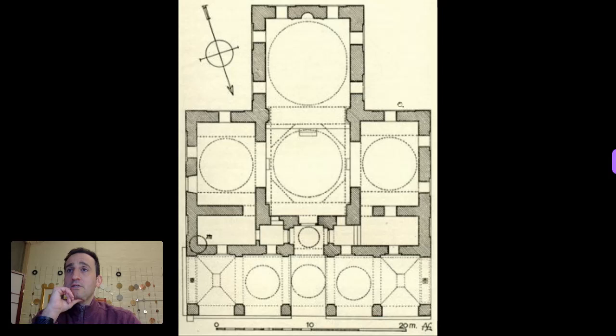But in the interior portion of the building, you enter. This is the nave and the narthex, and the nave is the portion you enter into, and then this portion is the back portion of the mosque. And again, you don't see a lot of articulation of space.